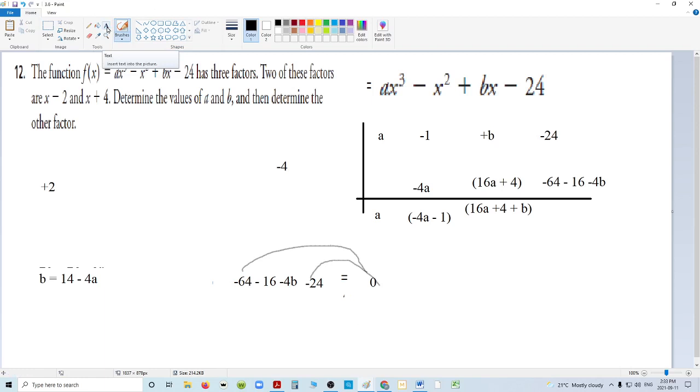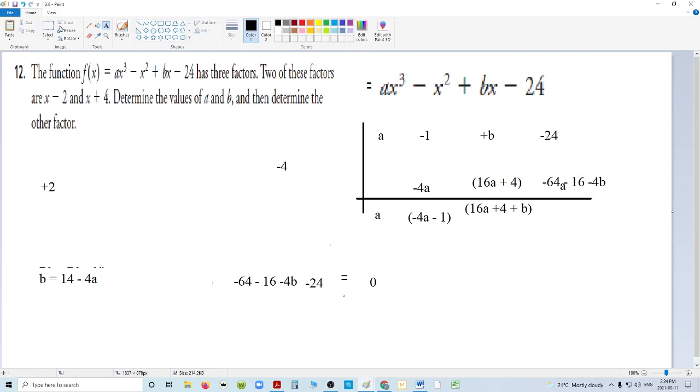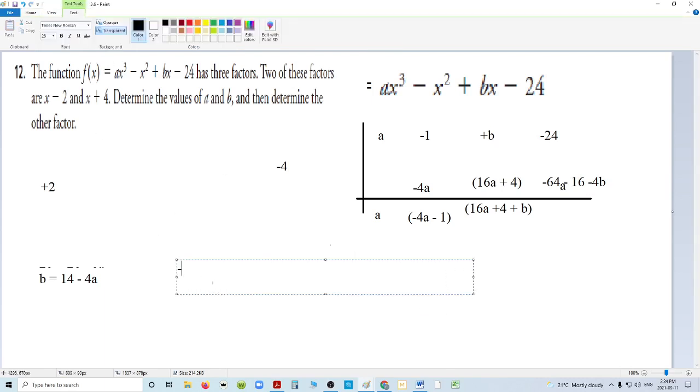Negative 24 goes over there, but also negative 16 goes over there. Sorry, the 64 doesn't go over there. That's supposed to be negative 64a here. So I'll redo it. It's supposed to be negative 64a minus 16 minus 4b minus 24 is equal to 0.